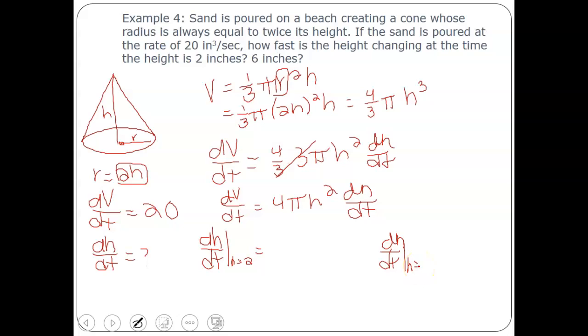So dh/dt is equal to dV/dt, which is 20, divided by 4 pi h squared. In this case, you get 20 divided by 16 pi, which simplifies to 5/4 pi.